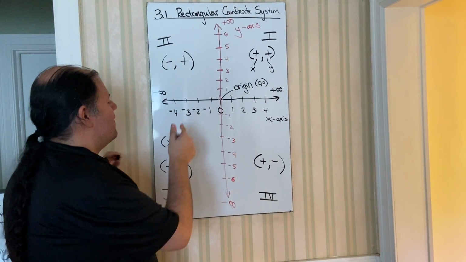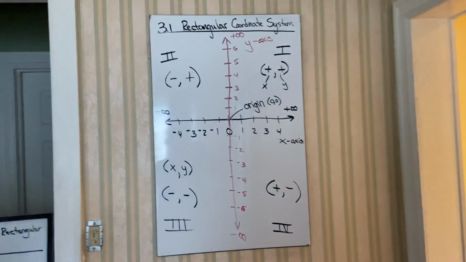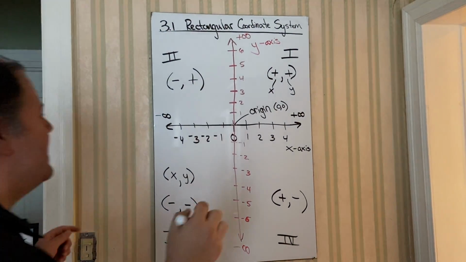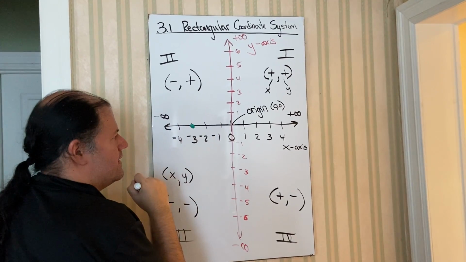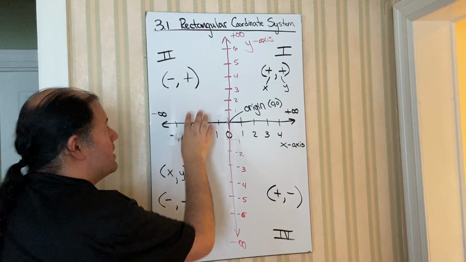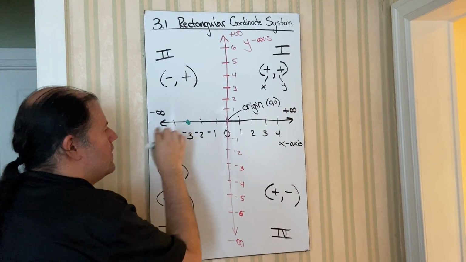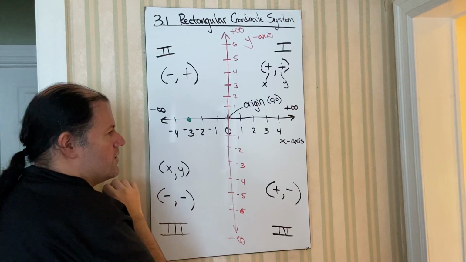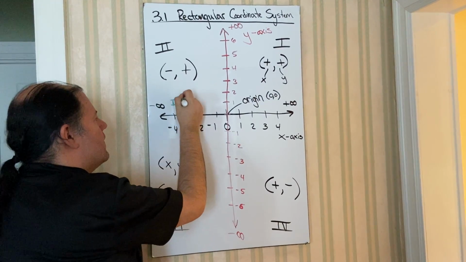So if you have something on, let me get a different color. If you have a point that is on the x-axis, then this, because it's technically not in quadrant 2 and not in quadrant 4, we give these points a special name. They're called intercepts.